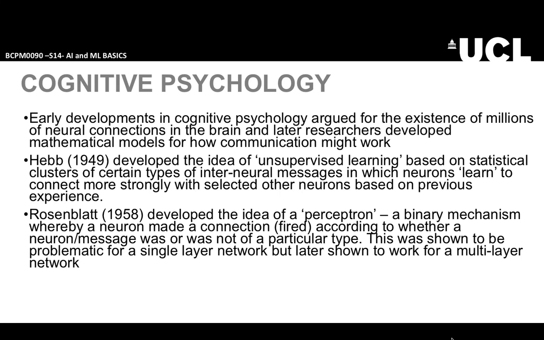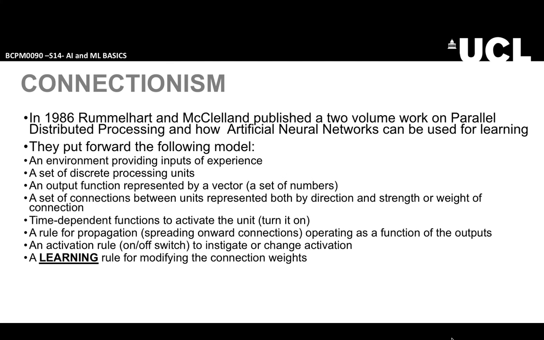This is a binary mechanism whereby a neuron made a connection according to whether a neuron or message was or wasn't of a particular type. In 1986 the process on how artificial neural networks can be used for learning was published.